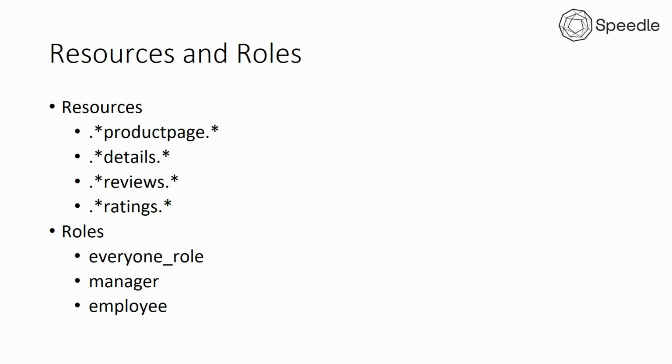And in this workshop, I'll define 3 kinds of roles: the role for everyone, the role for managers, and the role for employees. It's time to show you how to build Speedle binaries and how to configure the Speedle Istio adapter.